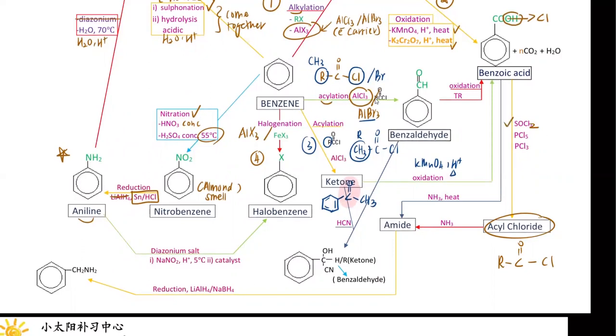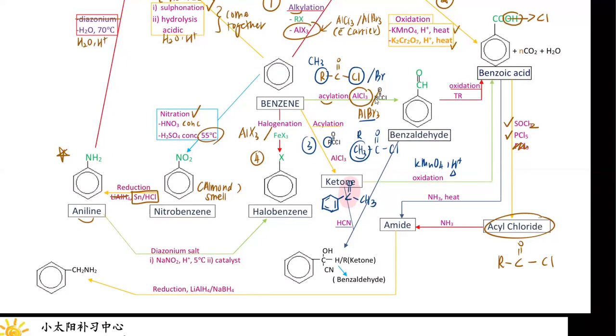But the teacher prefers you to use either SOCl2 or PCl5 only. PCl3 is too weak and is only able to react with alcohol. SOCl2 and PCl5, you can use for both alcohol and carboxylic acid.